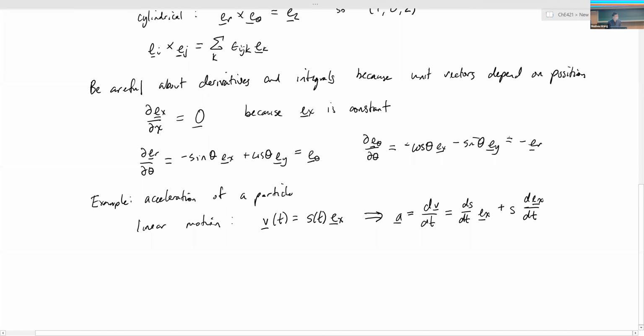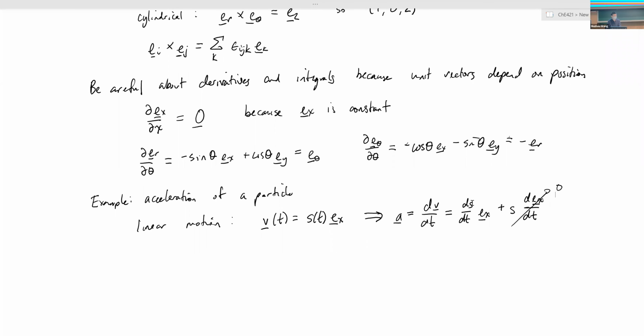All I did here is apply the product rule. We almost never write this other term here because it's always constant, since ex is always pointing in the x direction. This just goes to 0. And so, as you might expect, the acceleration of this particle is just the derivative of the speed, in the x direction, same direction as the velocity was.